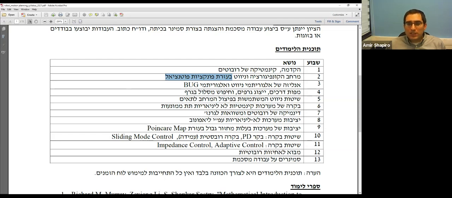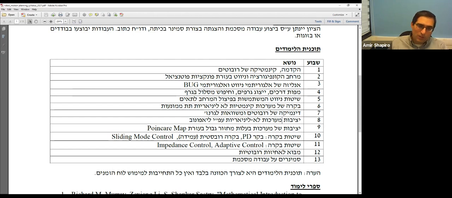And then we'll go to the second part of the course, which is control of nonlinear systems, dynamics of robots, and Lagrange equations. Then stability of nonlinear systems using Lyapunov, and stability of systems with continuous cycles, which are not stable, but they have limit cycles.